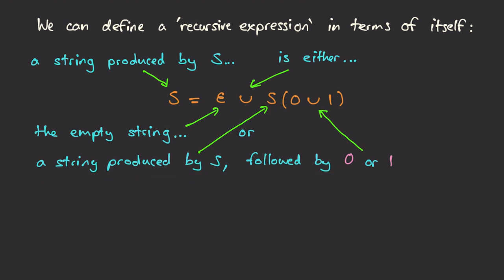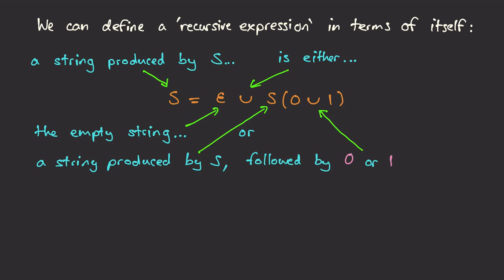Consider now the set of strings that S produces. It must produce the empty string because epsilon appears on the right-hand side. And then if we substitute the empty string into the S on the right-hand side, we see that S must produce the string 0 and the string 1. Substituting either of them in place of the S on the right-hand side, we see that S must also produce 00, 01, 10, and 11.